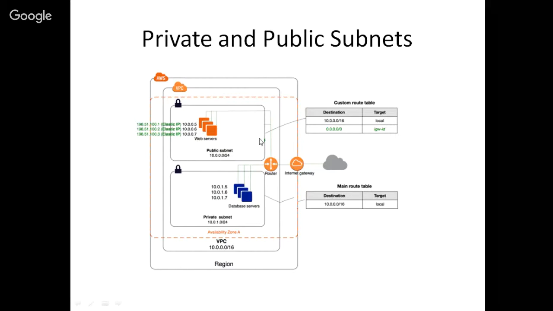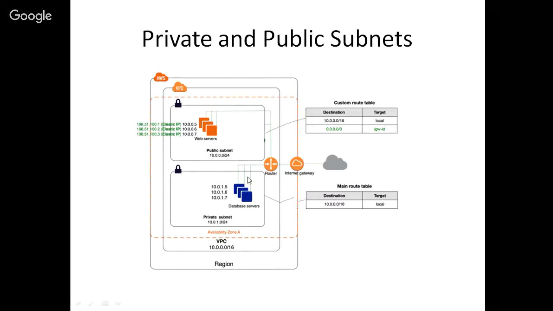To enable internet access for every instance launched in my public subnet, I have to redirect the traffic to the internet gateway. This is how I have configured routes for the instances launched in my public subnet.